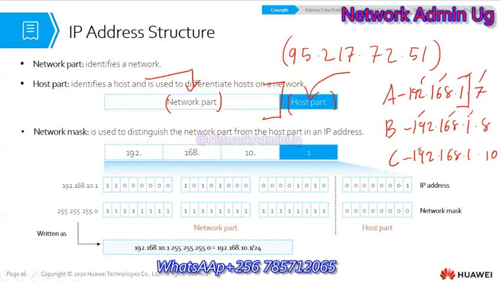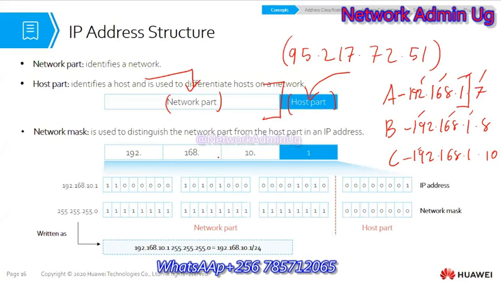And what helps us to identify that this is the network side and this is the host side is what we call the network mask, or what others call the subnet mask. The network mask strictly isolates the address into the network part and the host part.